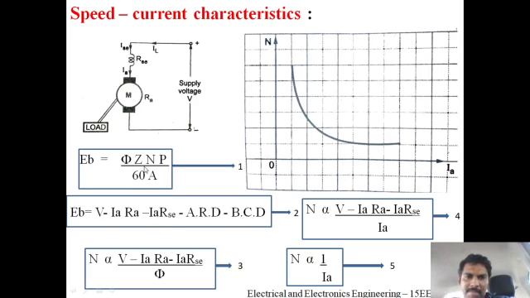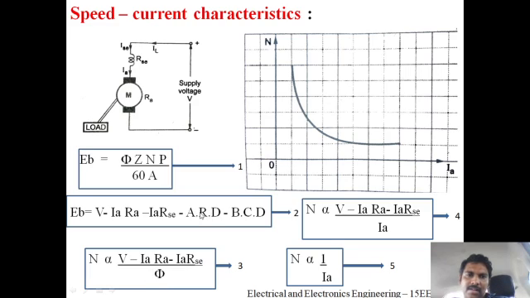So here, by comparing these two equations, equation 1 and equation 2, and equating them, you will get the third equation, that is the speed is directly proportional to V minus IA RA minus IA RSC divided by phi. All the parameters here, if you observe, IA will vary with respect to load. V is constant, the supply voltage. The flux will vary with respect to load.